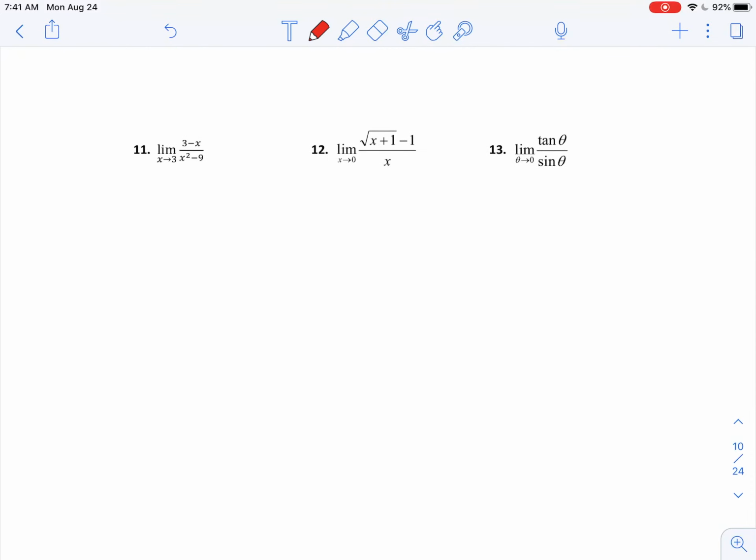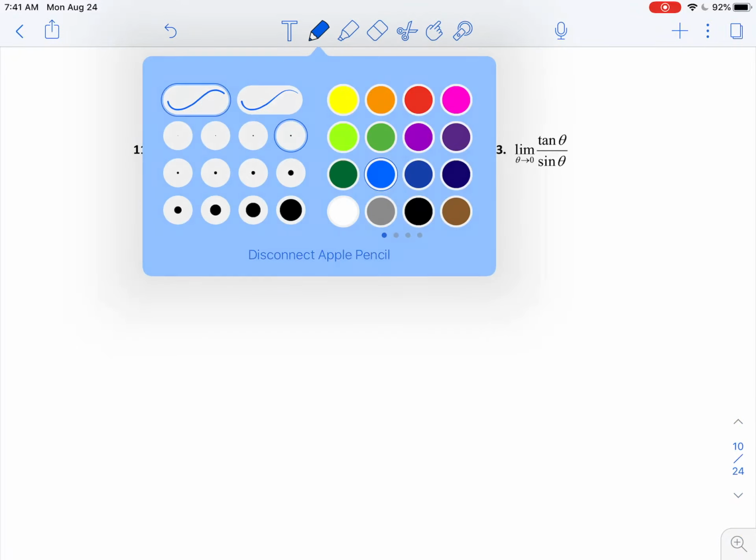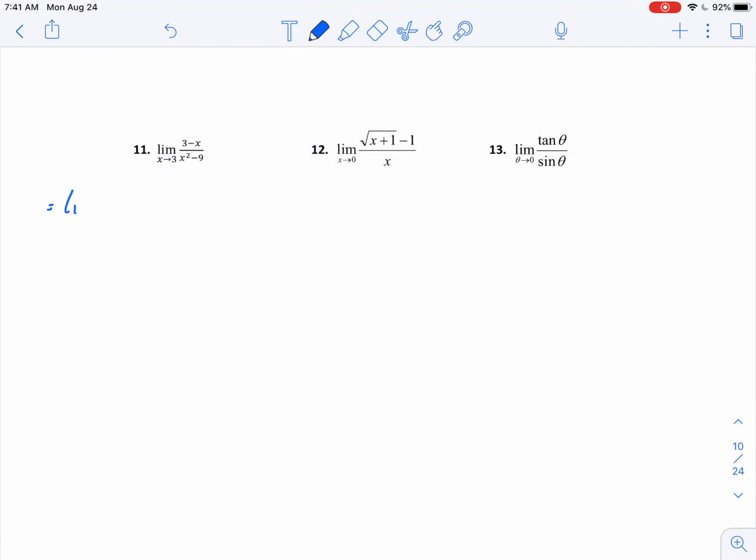Let's see, it looks like number 3 is going to be the same way. I have the limit as x approaches 3. Now I'm going to factor my denominator as the difference of two squares, and hopefully you recognize that the numerator is written a little backwards.